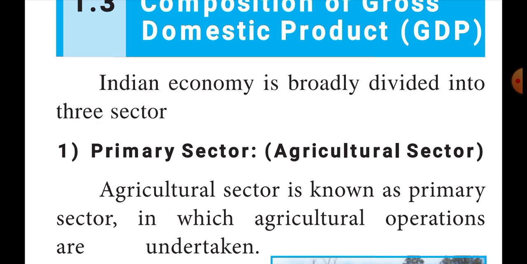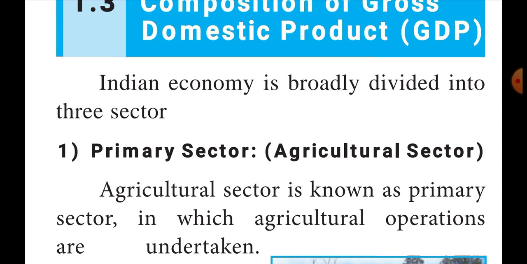The first one is the primary sector. The primary sector is otherwise called the agricultural sector. Agriculture and its allied activities are included in the primary sector.